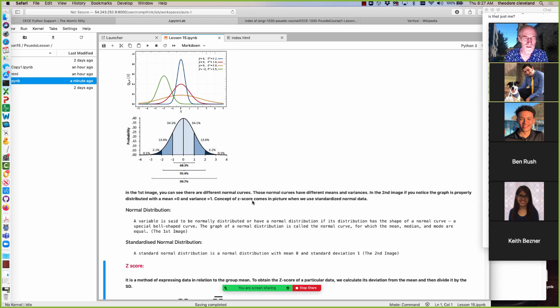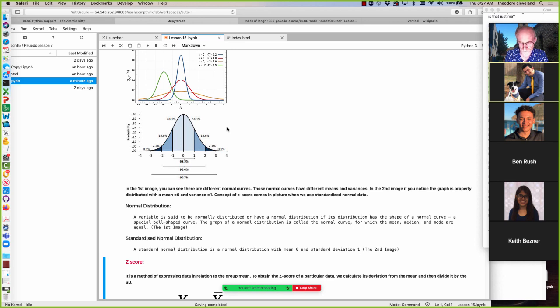The z-score is a transformation that will take data that are willy-nilly distributed, if you will, and transform it onto this second picture. We use the second picture to perform our statistical tests, because instead of having to keep track of an infinite number of possibilities, we only have to keep track of that one test. And then we transform back to the original data scale.